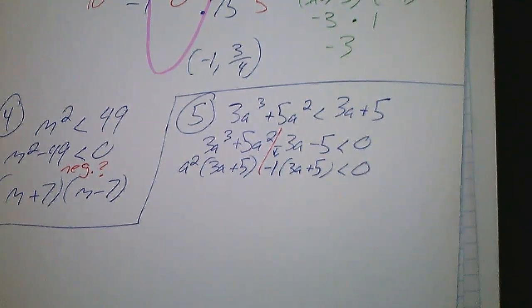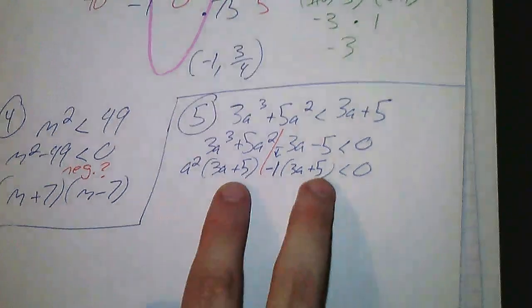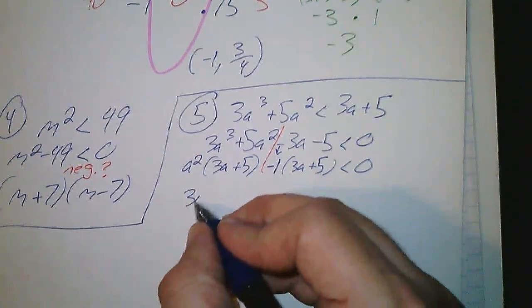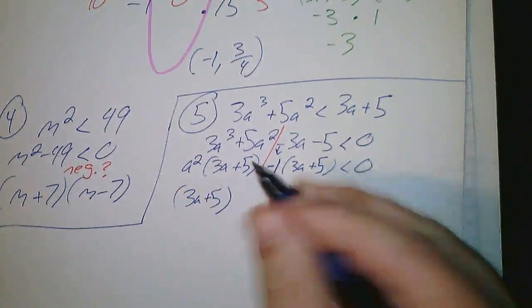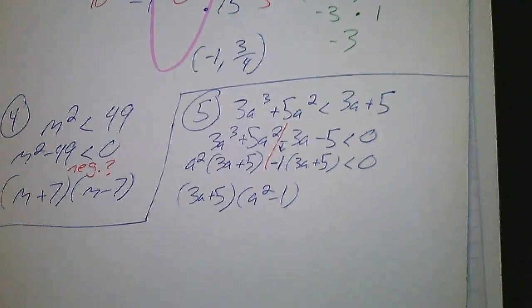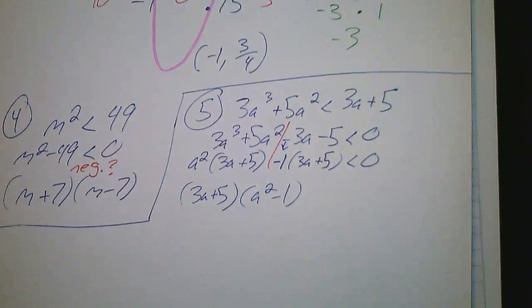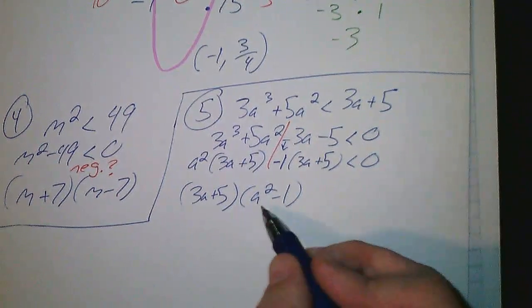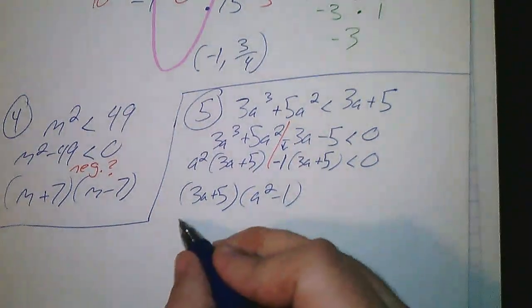We're less than 0. So that's our shared factor that we have once. And then a squared minus 1. Maybe you'll get a different difference of squares.